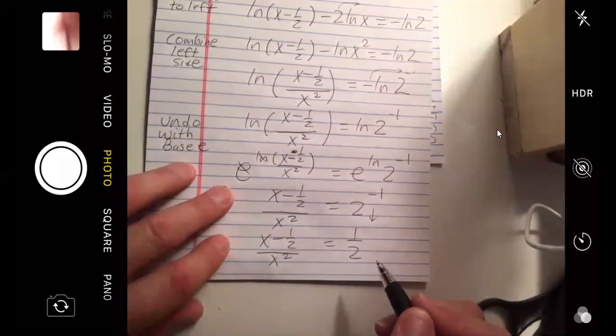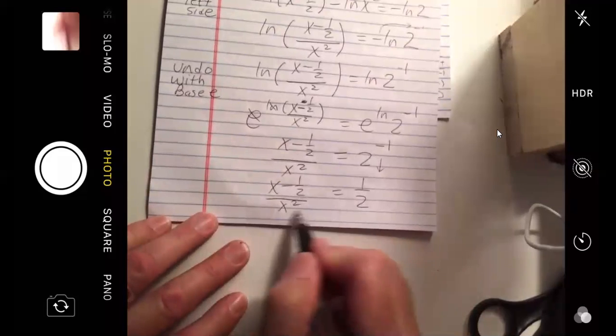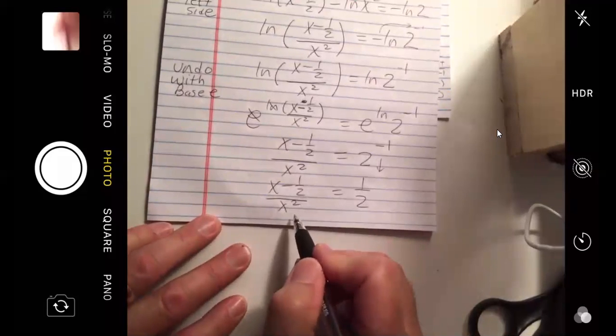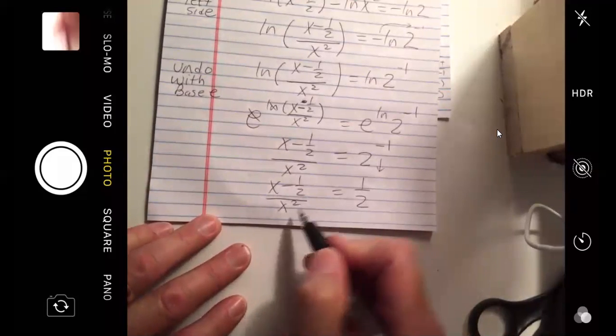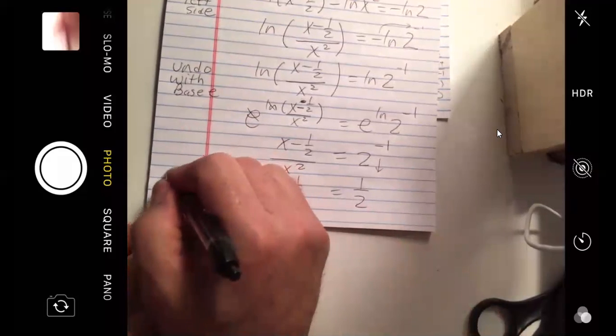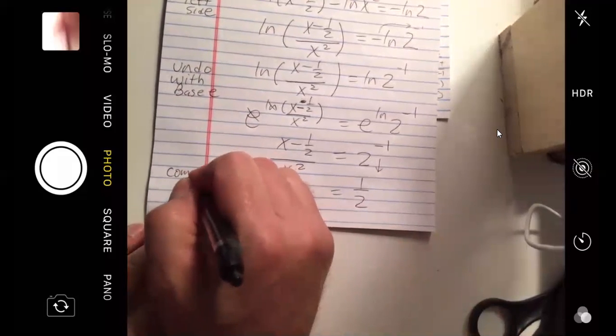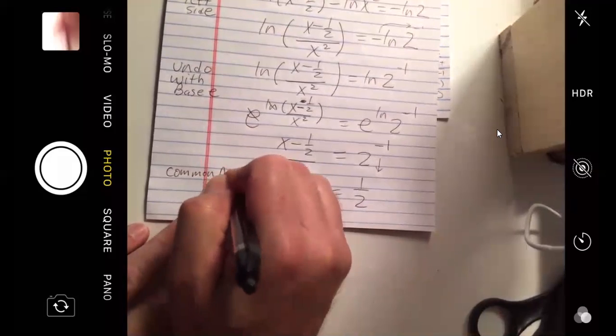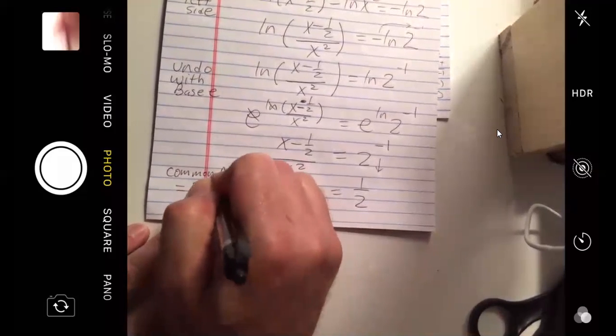This can be done several ways. We can clear the fractions by multiplying both sides by 2x squared, or we can cross multiply. I guess I'll multiply. Common denominator here is 2x squared. We'll multiply through by it.